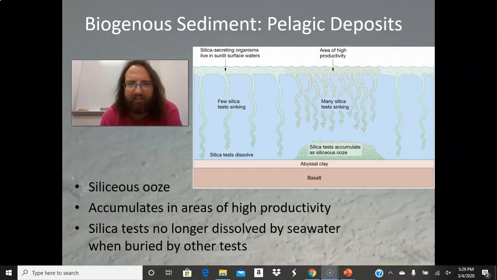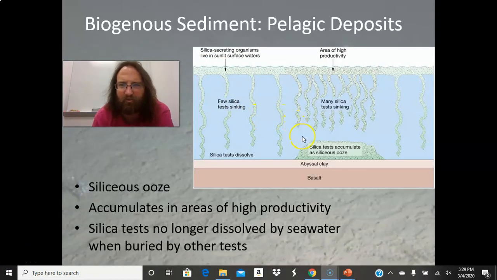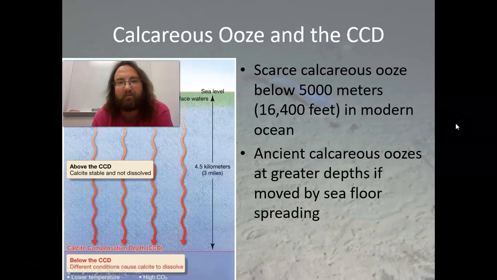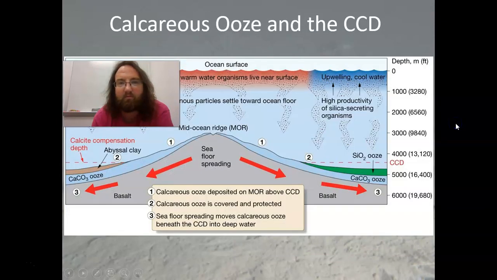This diagram does a pretty decent job explaining it, where siliceous tests will generally accumulate in the abyssal plain, and you'll also see siliceous ooze in areas of cooler water, because cooler water tends not to favor calcareous ooze either. I love this diagram.